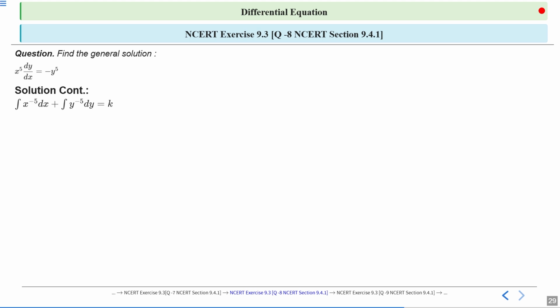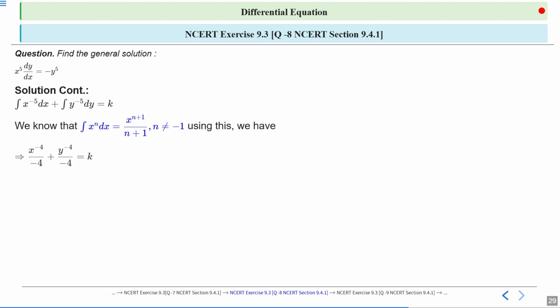So integration of x to the power minus 5 dx plus integral of y to the power minus 5 dy is equal to k. We know that integration of x to the power n dx is equal to x to the power n plus 1 by n plus 1, where n is not equal to minus 1. So we have integration of x to the power minus 5. Here the value of n is minus 5.